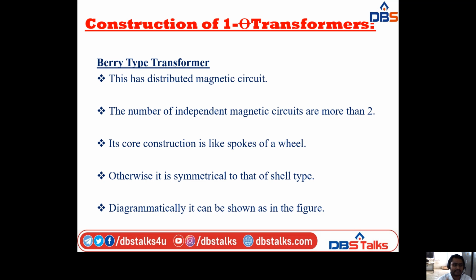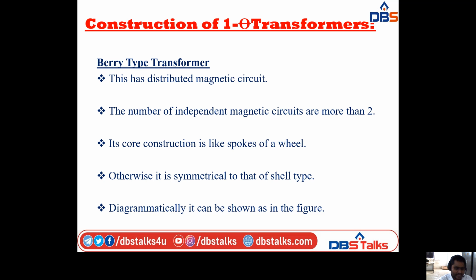The number of independent magnetic circuits is more than 2, and the core construction is like the spokes of a wheel, like the spokes of a bike wheel. Otherwise it is similar to the shell type.